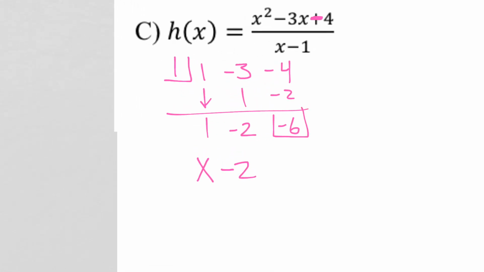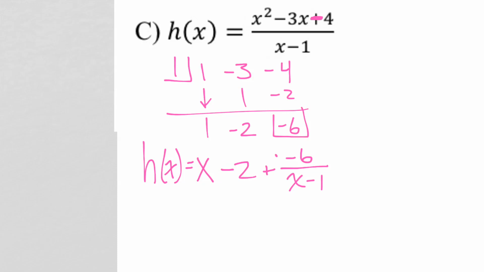What's kind of cool is that we can say that the original function h of x will equal the slant asymptote, x minus 2, the thing we got when we did our division, plus our remainder of negative 6 over our original divisor, x minus 1. That's weird, but again, the key is that the slant asymptote is at x minus 2.